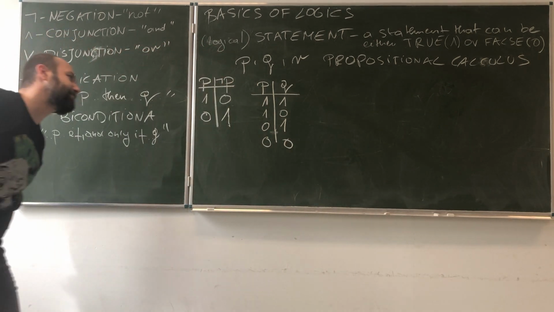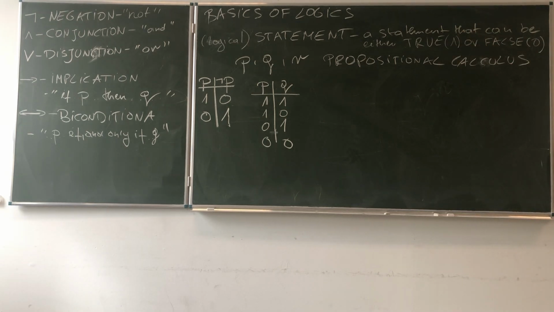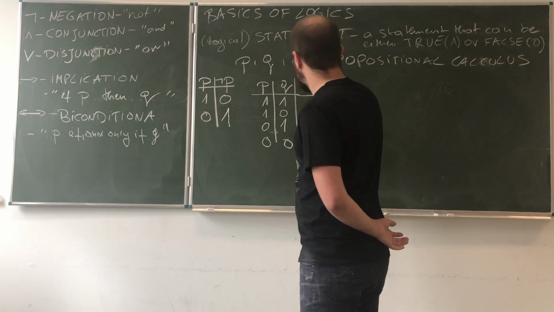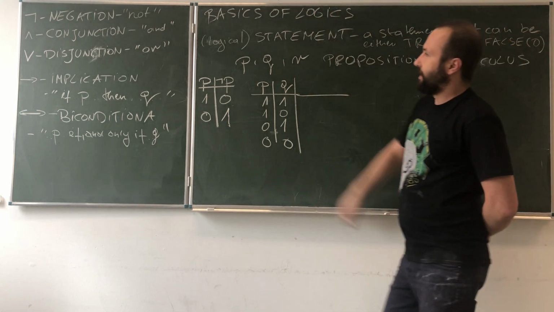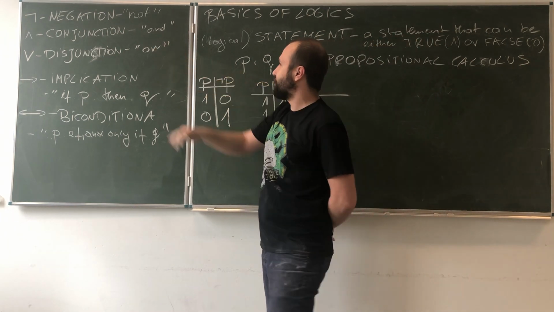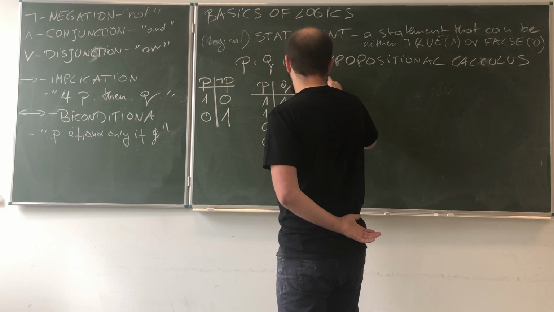So we have as many as 4 different combinations of their logical values. Okay, so now let's go through all the possibilities over here. Let's start with conjunction and disjunction, because they are actually very closely related.